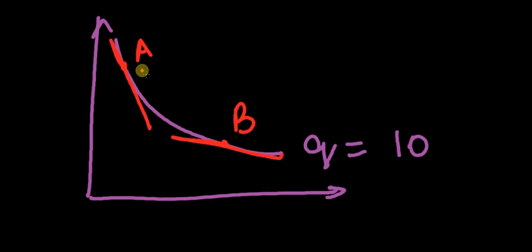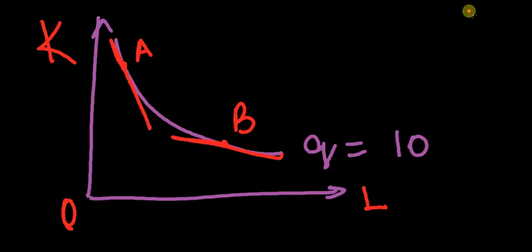Now see another reason. When you go from A to B, if I take labor here and capital here, from A to B labor increases, so marginal product of labor decreases. From A to B, capital decreases, so marginal product of capital increases.